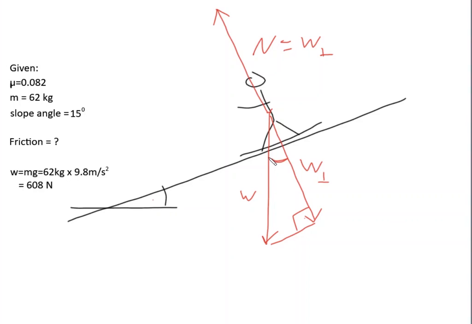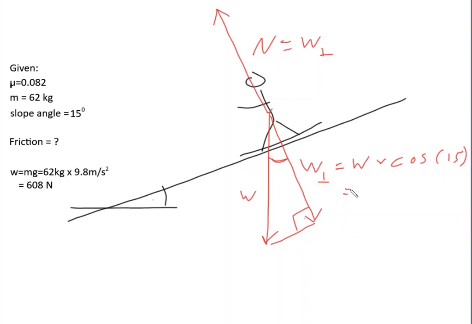So this is why the perpendicular component of the gravity force is equal the gravity force times cosine of that angle.